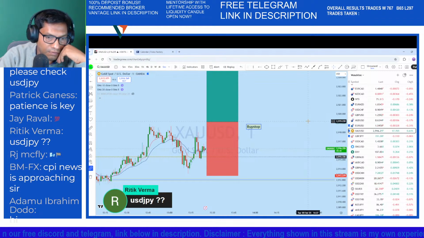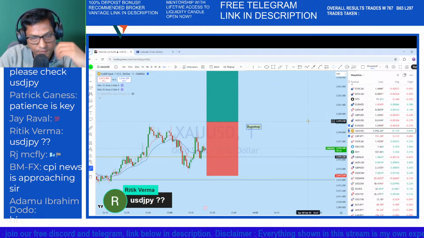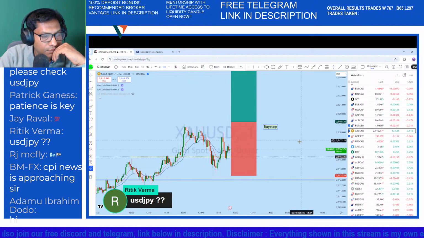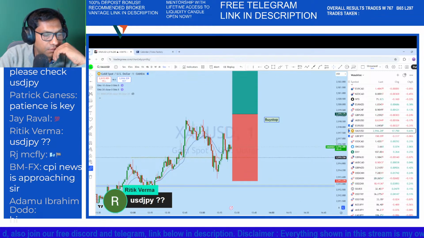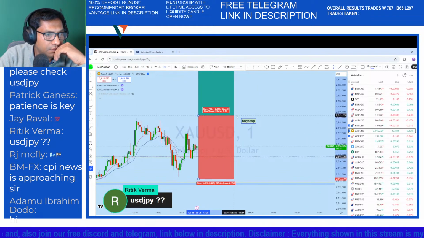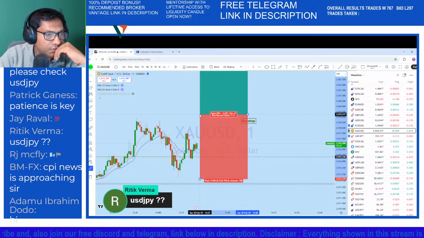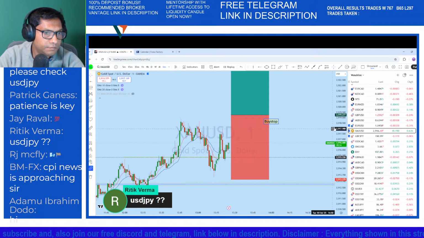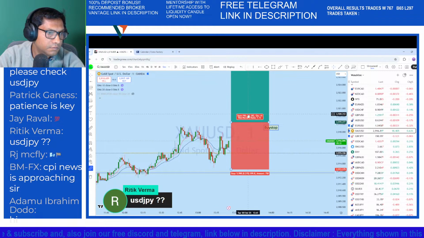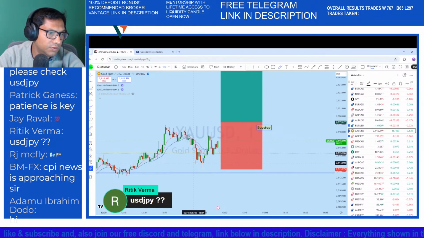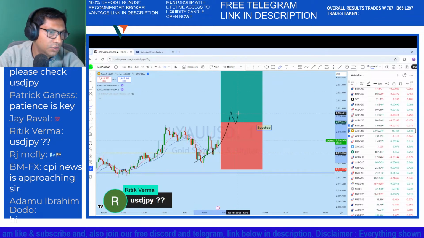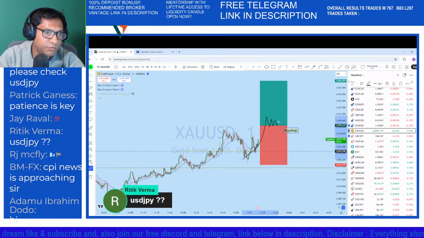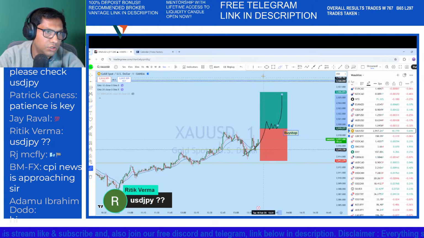Okay, so see the market is forming a series of higher lows here, wanting to see that triggered potentially and then to return back up.